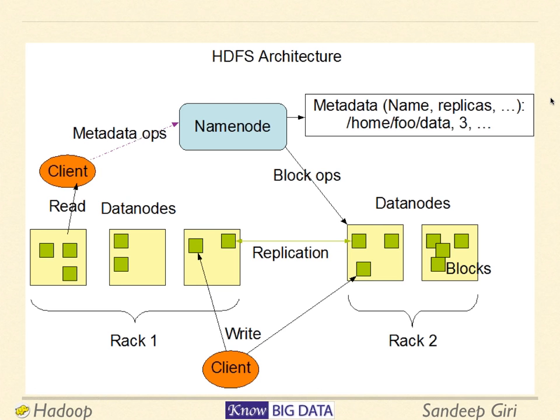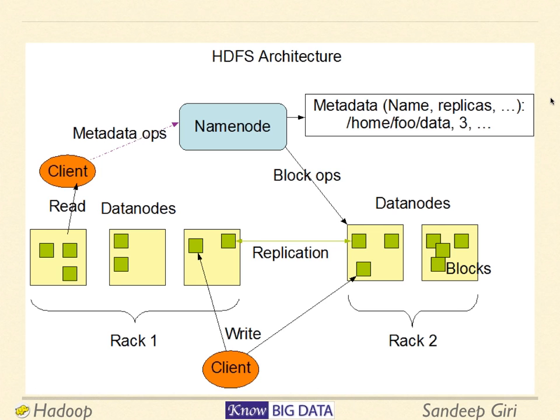Also, if your computer is running low on RAM, the block size increases. This is because with a smaller number of blocks, there is less metadata which the name node has to store. So the name node is essentially a bookkeeper who keeps track of which block went to which machine.